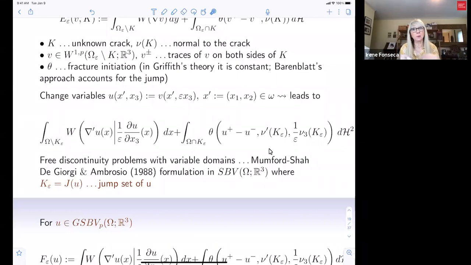If you never heard about it, I don't have time here to go over that, but basically what happens is that instead of having a pair of cracks and deformations, you just work with deformations, but you allow them to jump. And so you identify this crack with where U jumps.